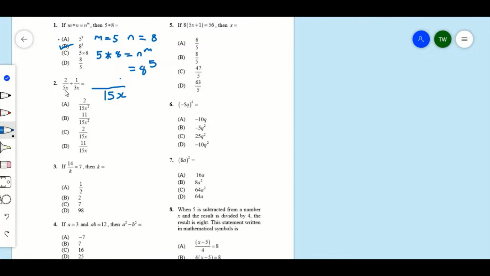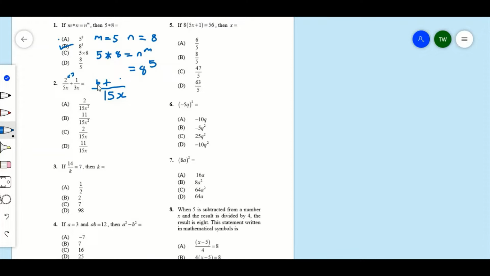Now we are going to use each denominator to divide our common denominator, then use the result to multiply the numerator. So 5x into 15x, that's going to be 3. We are going to take the 3 to multiply the 2. So 2 times 3, that's going to give us 6.